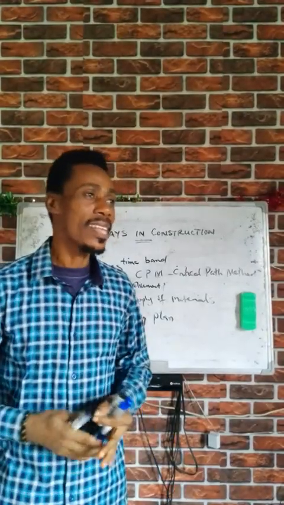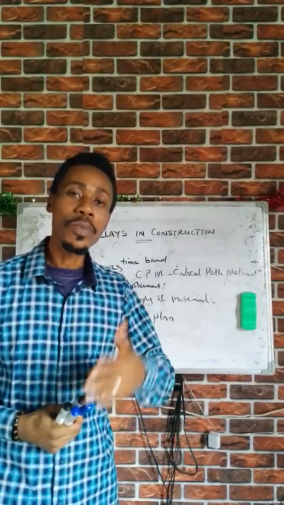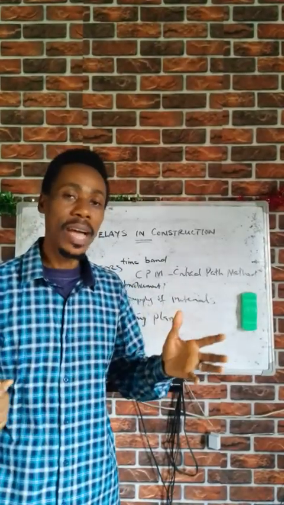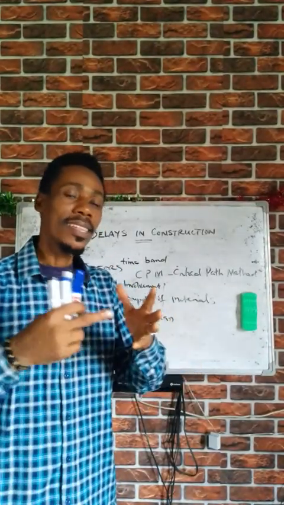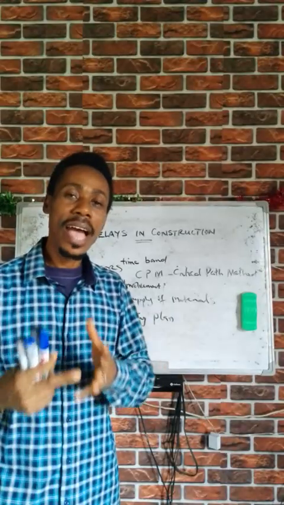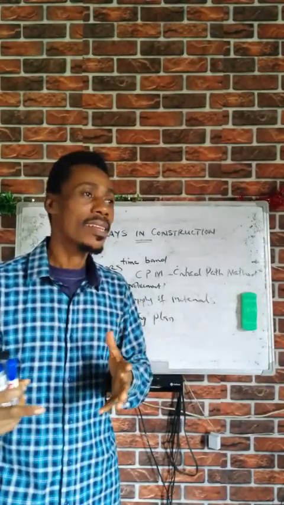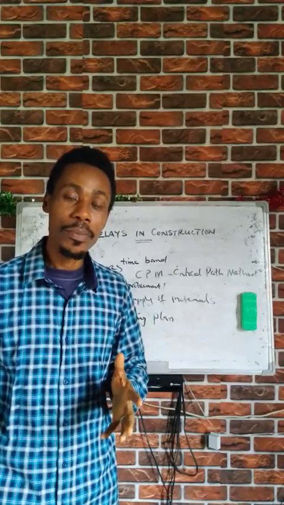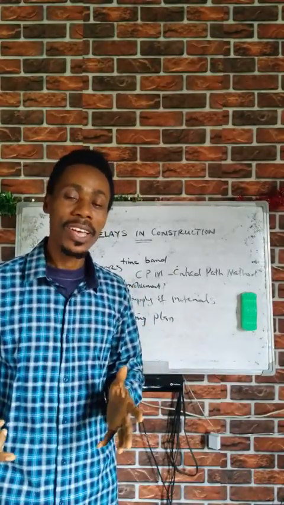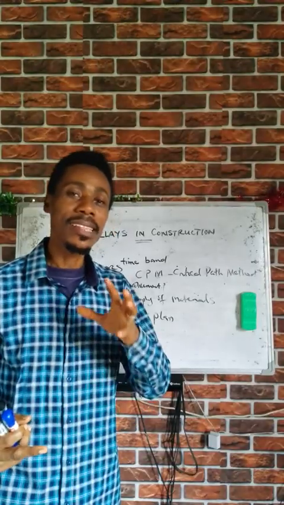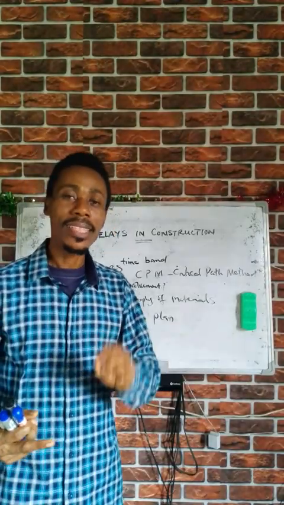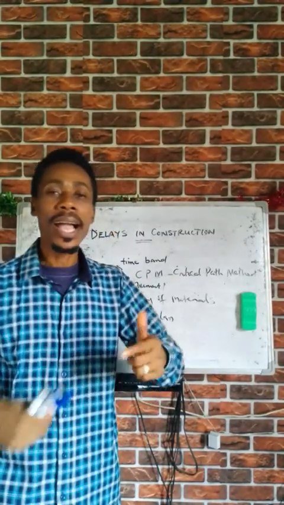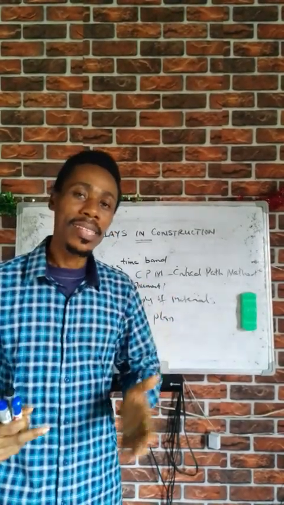Most times there are buildings that will be designed, and when you get to the site to carry out setting out, you discover that the area of that building is quite larger than the provided plot of land. This shows that the architectural design is faulty, so there is need to go back and redesign that structure.